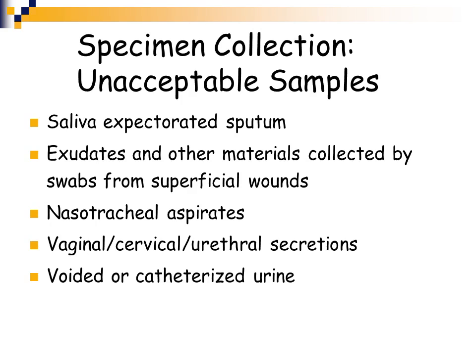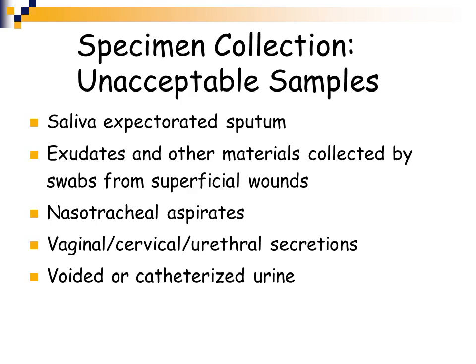So even if you were to have an anaerobe present, you're not going to find it, because once it gets exposed to oxygen, it likely will kill the anaerobe if it's an obligate anaerobe. Any type of exudate or materials that are collected by swabs, especially from a superficial or external wound. Nasotracheal aspirates, vaginal, cervical, and urethral secretions, and voided or catheterized urine specimens.